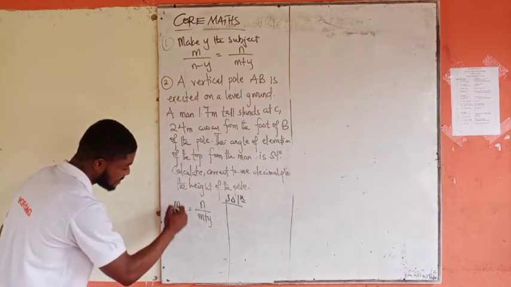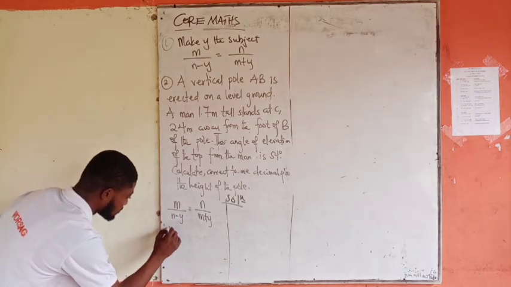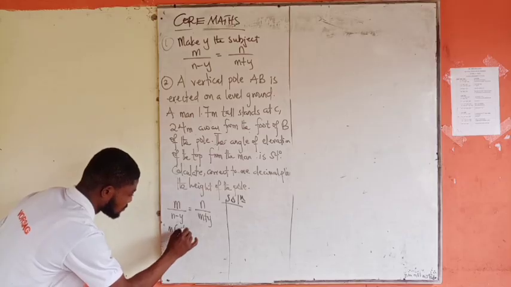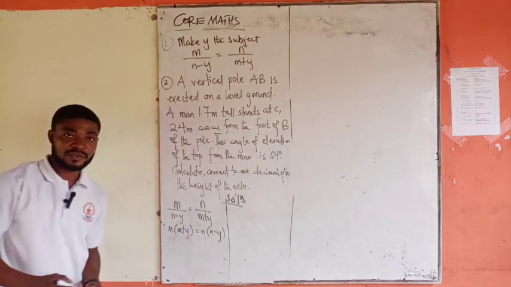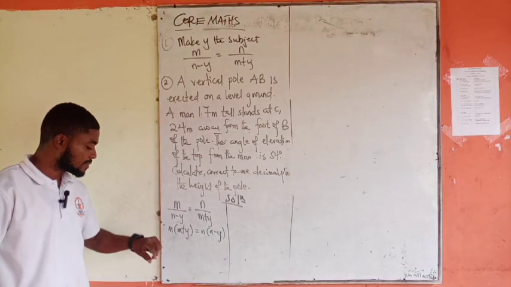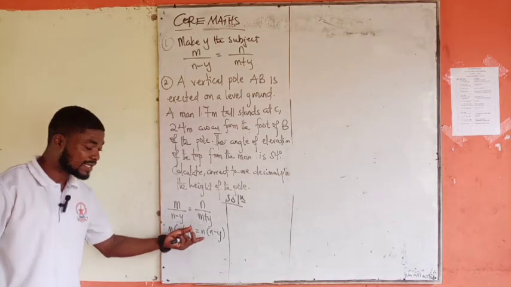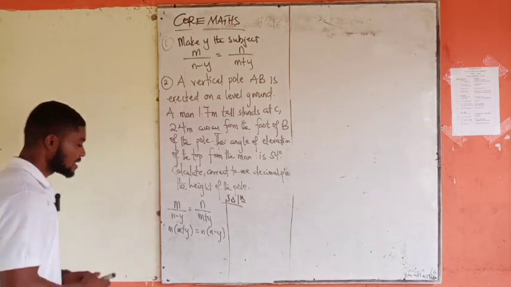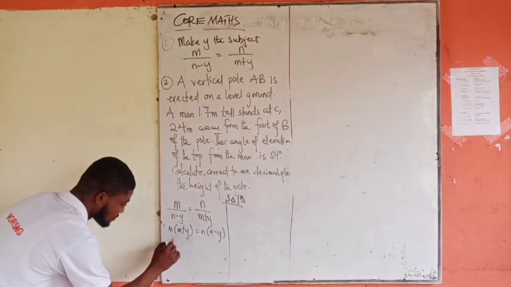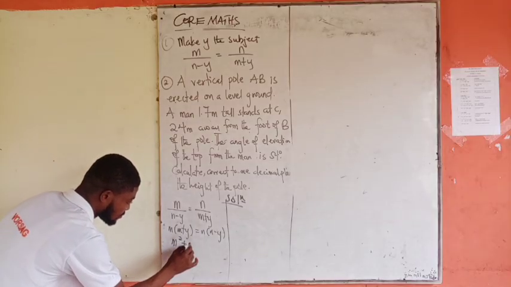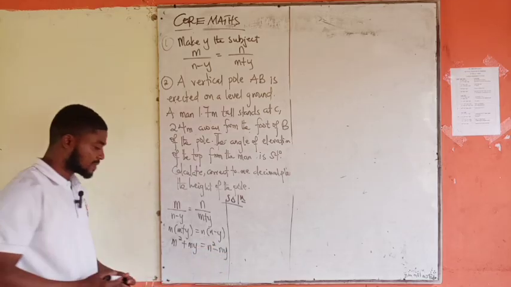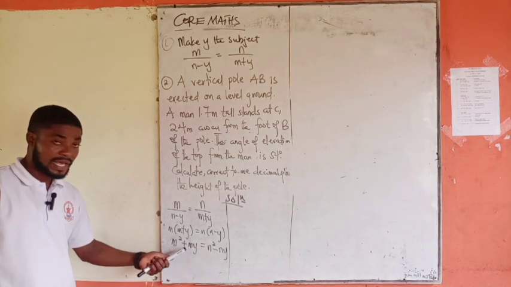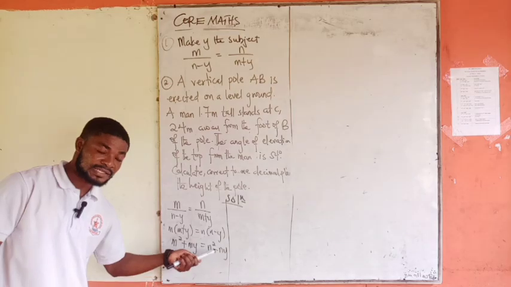So quickly we cross multiply. From the cross multiplication we get m into bracket m plus y is equal to n into bracket n minus y. Then we can now expand. From expansion, we get m squared plus my is equal to n squared minus ny.